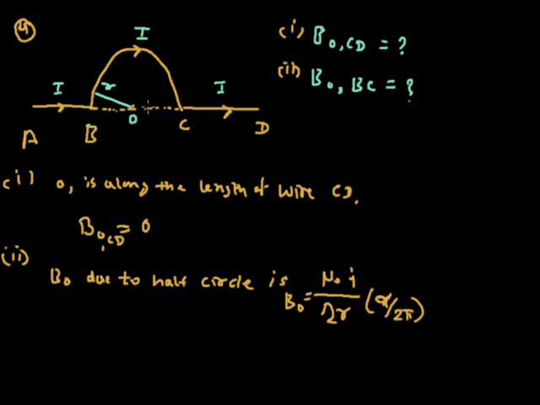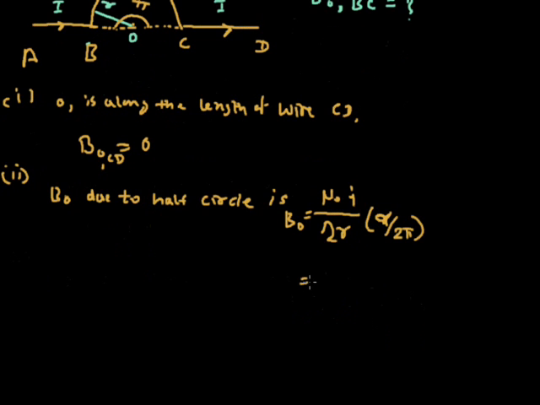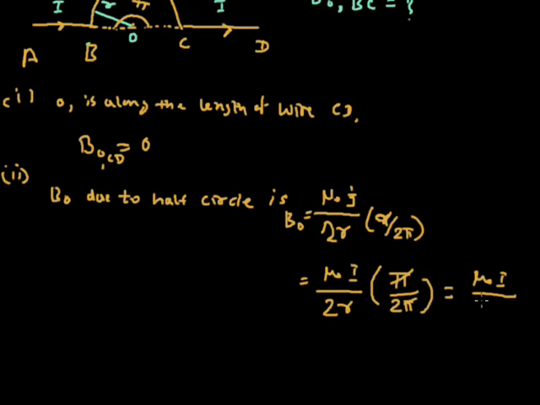Now the angle made by the circular arc at the center is what? It is simply pi. So the value of alpha is pi. Now to calculate this, mu naught I upon 2r, alpha is simply pi, and this is upon 2 pi. So pi and pi cancel out. This is mu naught I upon 4r. This is the value of the magnetic field at the center.